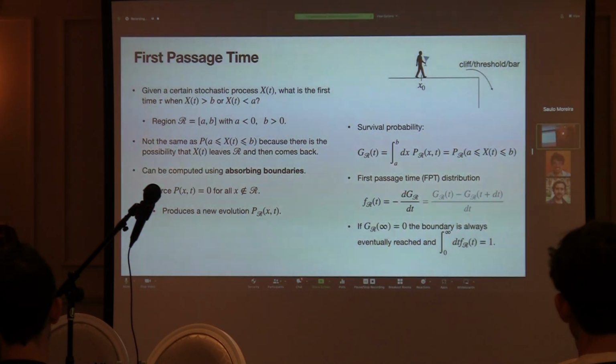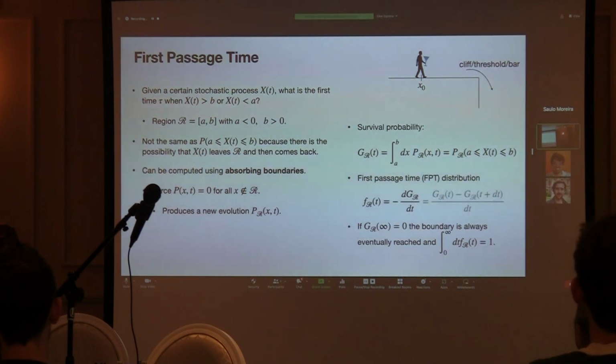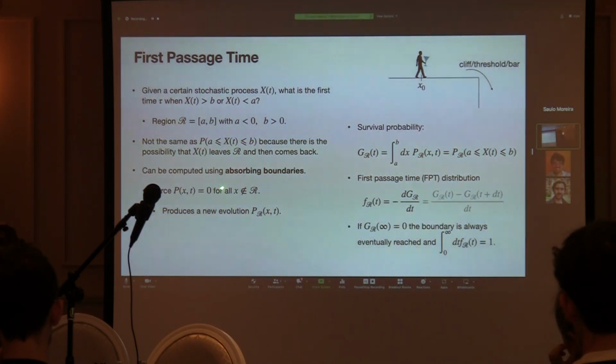So one way to do first passage time problems, which is very useful, is through this idea of absorbing boundary conditions. Usually you will have some kind of evolution equation for your probabilities, a master equation, whatever. And you can just say, look, I force that my P(x,t) is 0 for every x outside of my interval. So I just impose that by hand.